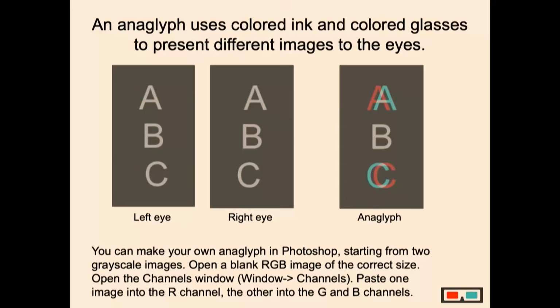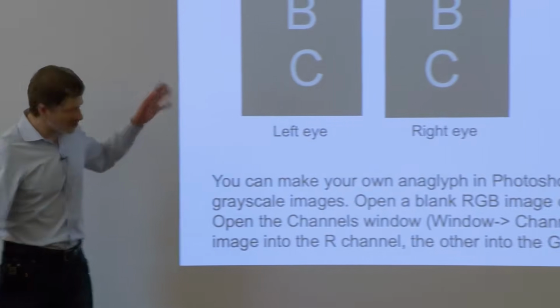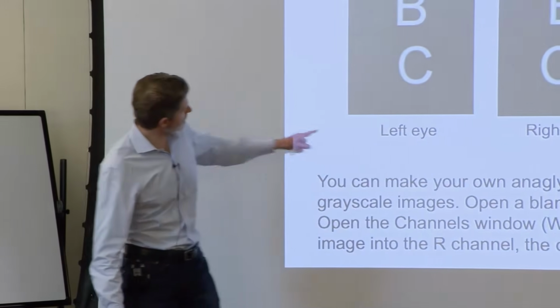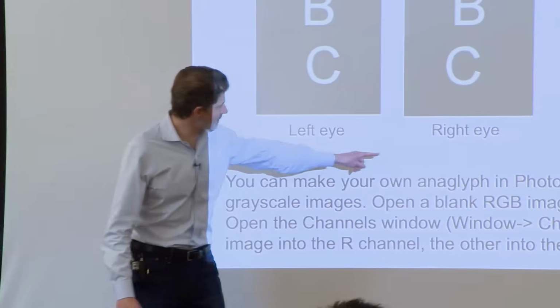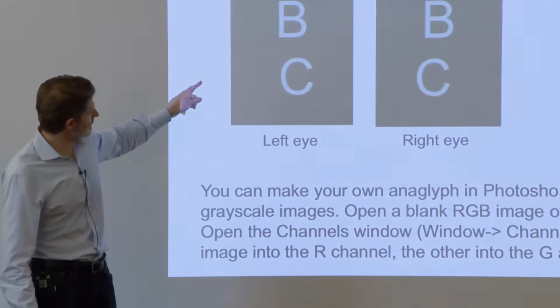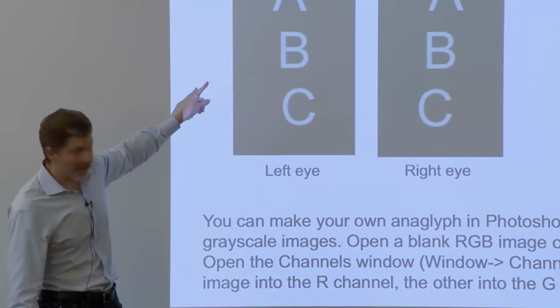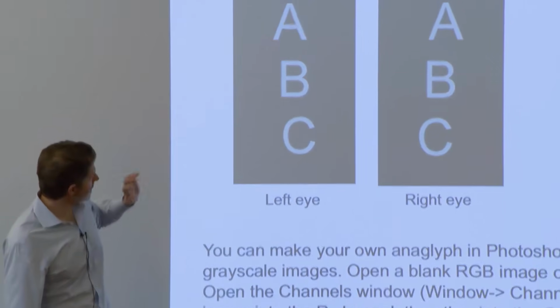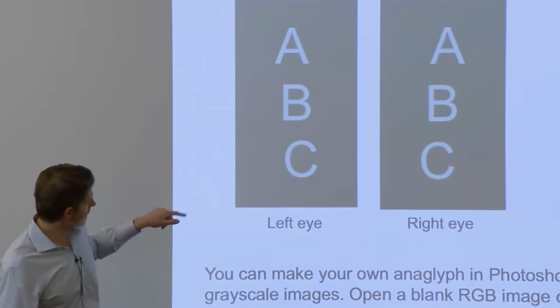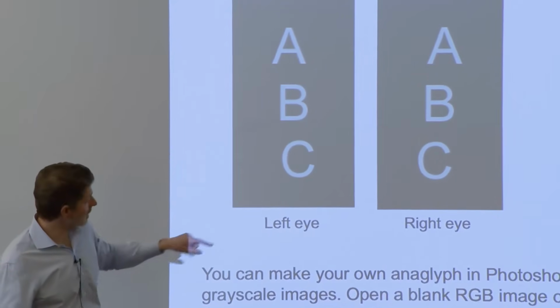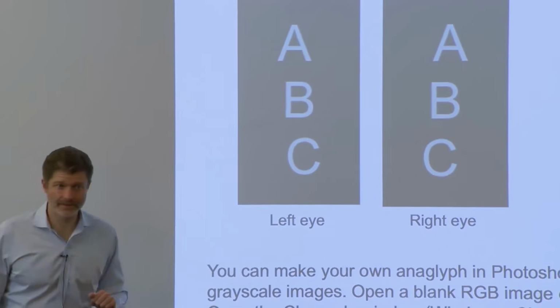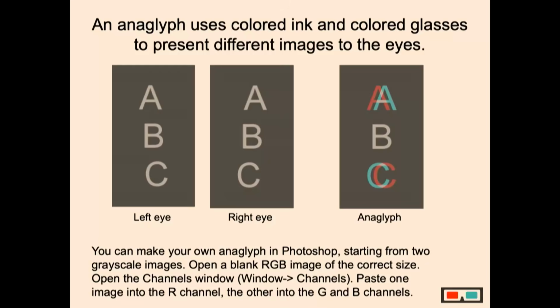So here's the idea, right? We've got these two different images. These are just synthesized. This one is supposed to go to the left eye, and this one is supposed to go to the right eye. What distinguishes them is that in the left eye, the letter A is a little bit to the left of the letter B, and the letter C is a little bit to the right, whereas in the right eye, that's reversed. So that's going to create disparity.